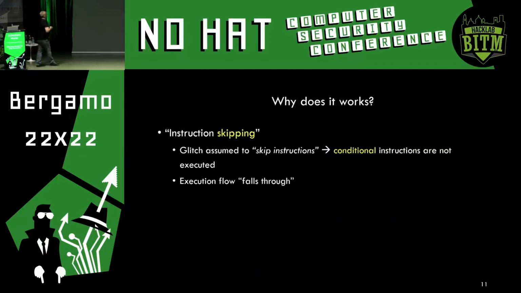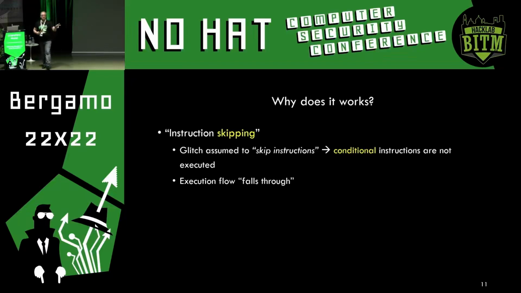Why does it work? Well, the typical description of why it works is that you are skipping instructions. It's instruction skipping, between quotes. Because the glitch is assumed to skip an instruction, regardless of whether this is true, this is the effect that you see. So it's legitimate to call it instruction skipping.